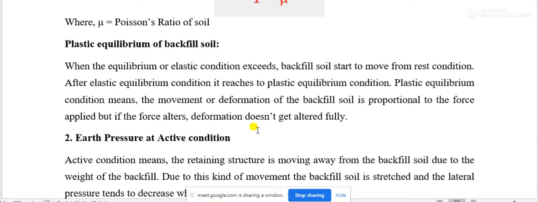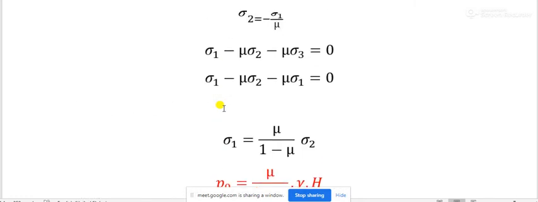Now, obviously, when the state of at rest condition is exceeded, then this plastic equilibrium condition comes into the picture. And this plastic equilibrium condition means the movement of the wall.